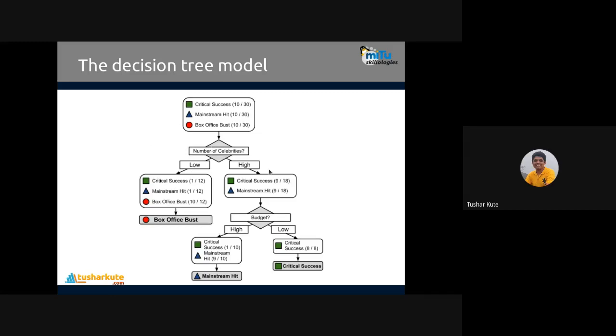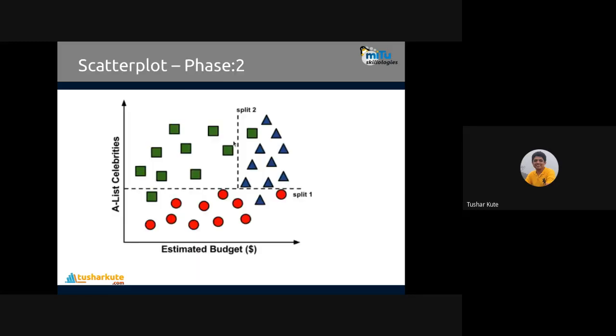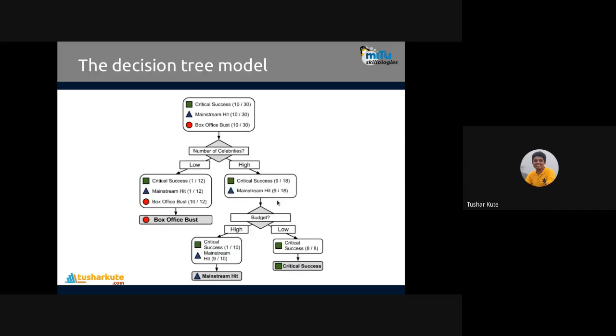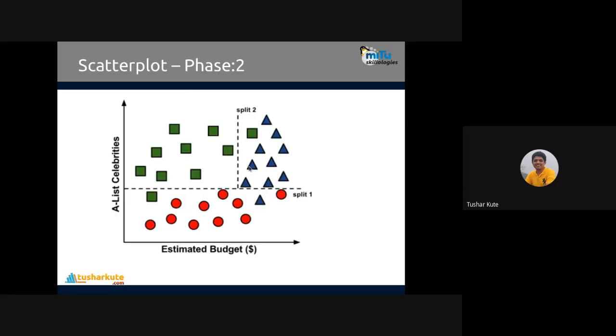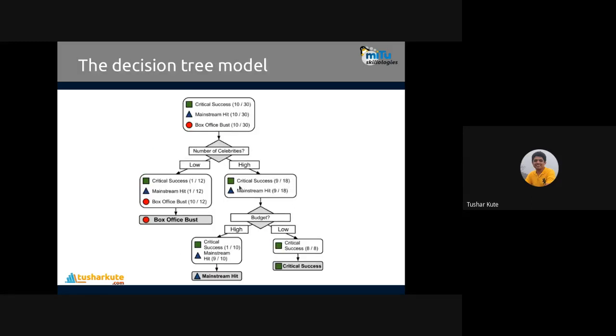Then we'll go to the second part of it, high, when the number of celebrities is high, when they are above 3, let's say. Then 18 movies are there, and out of 18, again here 50-50 is present. So out of all 18 movies which are above it, you can see 9 movies are critical success and 9 movies are in mainstream hit.